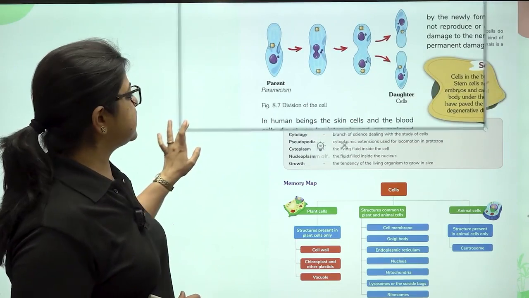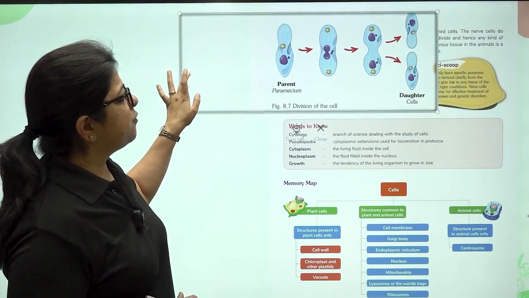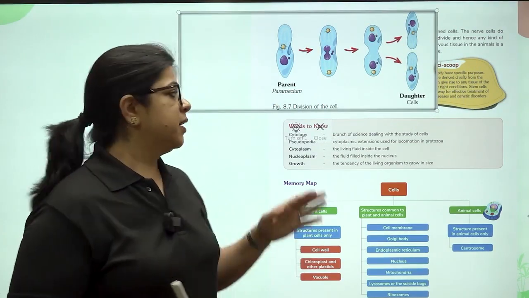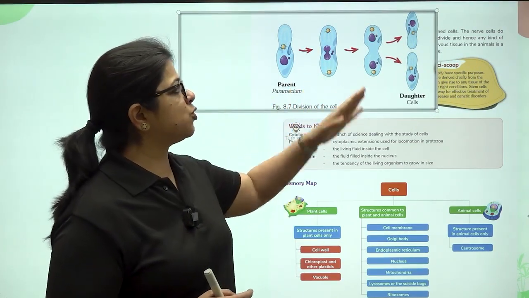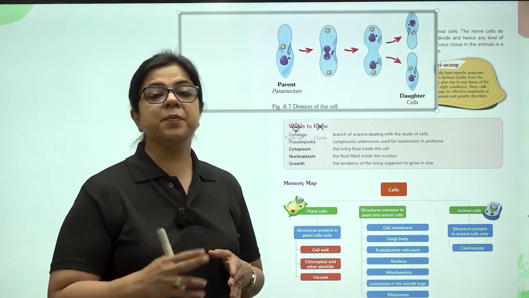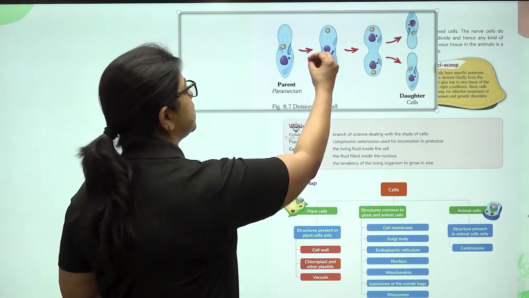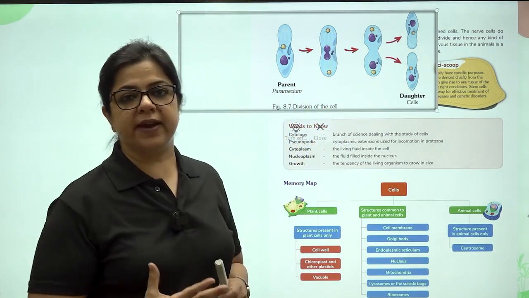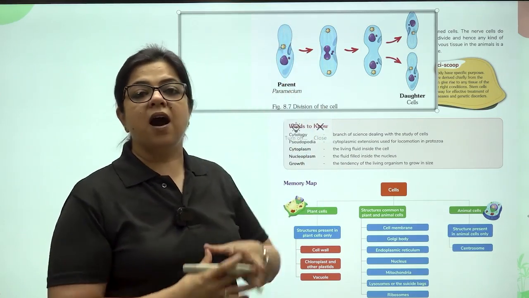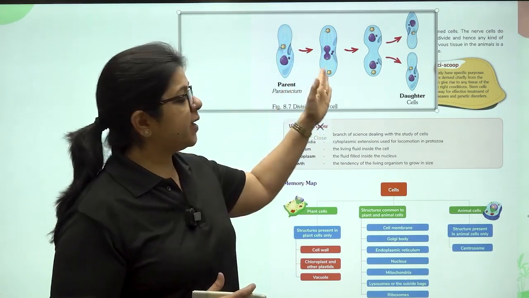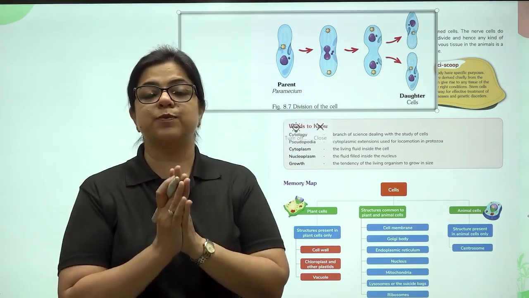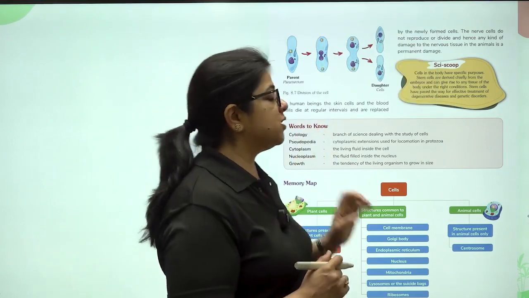In this diagram, we can see the division of cell wherein the parent cell, here they have taken the example of paramecium, divides into 2 cells which are then known as daughter cells. Now, when the parent cell is dividing, as you can see, the nucleus is elongating, it is also dividing. So, all the cell organelles that are present in the parent cells are divided and they enter into the daughter cells such that the 2 daughter cells are absolutely identical to each other.